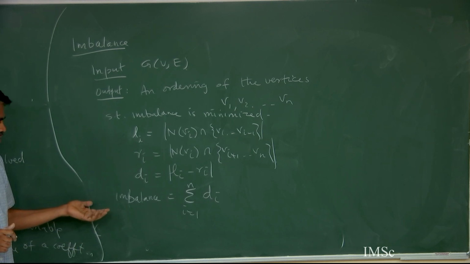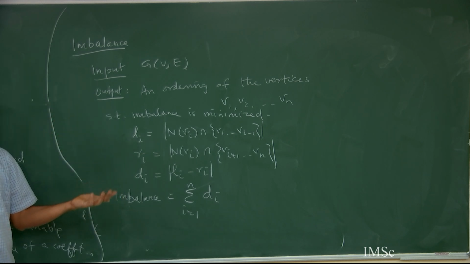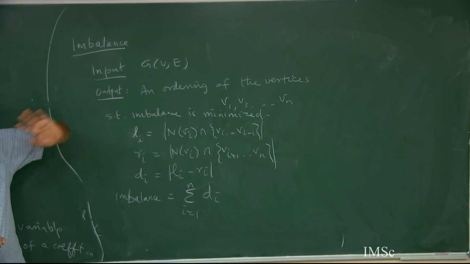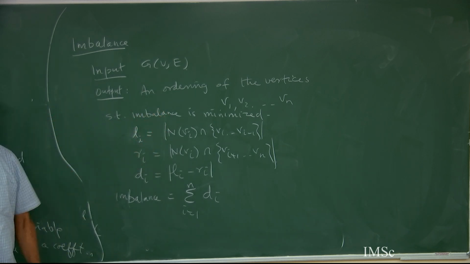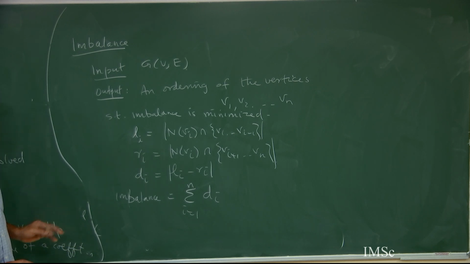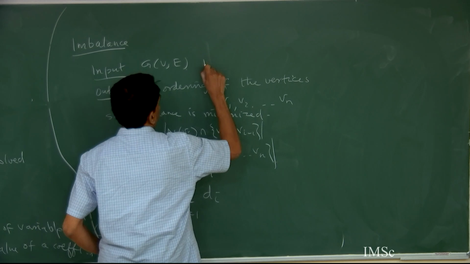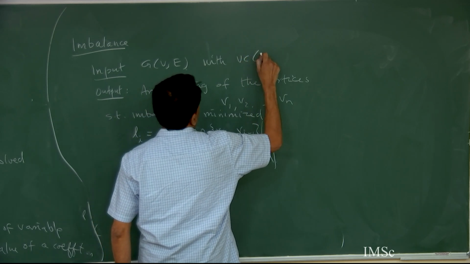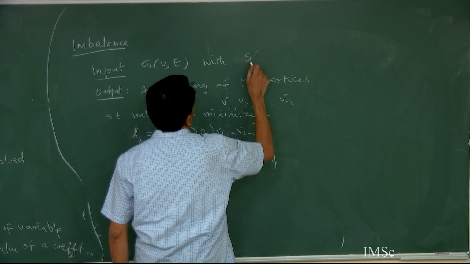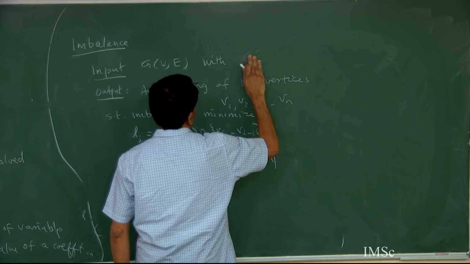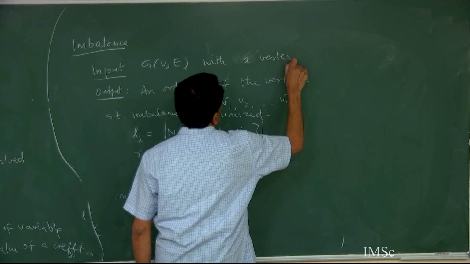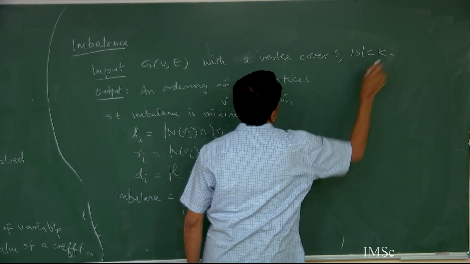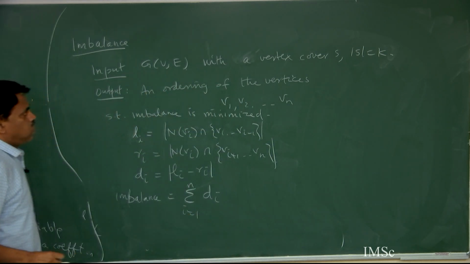So given a graph, asking whether the imbalance is less than or equal to k is one question, which is FPT, and that is not the problem we are going to look at. We are going to look at a slightly different problem, with vertex cover as the parameter.